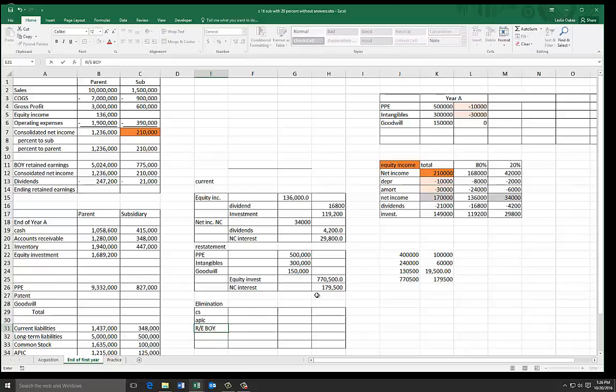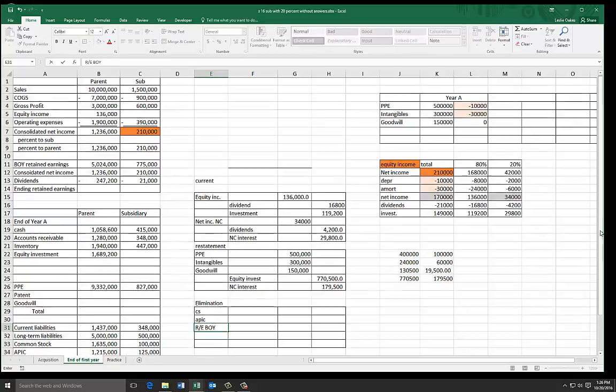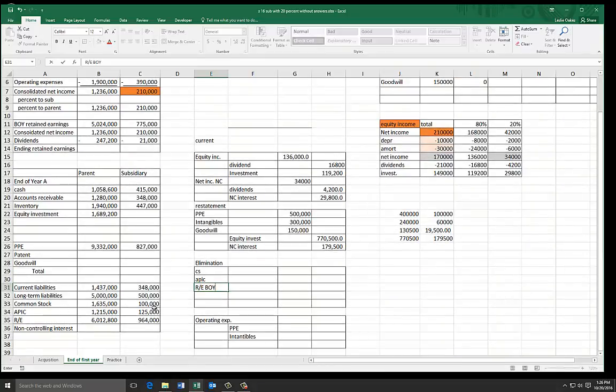And we could take that right off our worksheets. So we have common stock 100, 125. And the beginning of the year retained earnings, 775. All right. That adds up to $1 million.